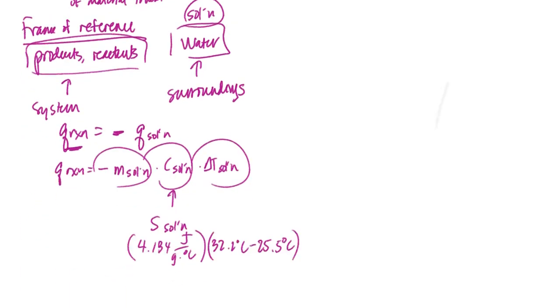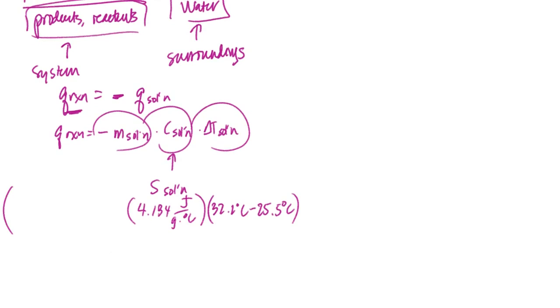So, to this product, I'm going to add 50.0 milliliters of the hydrochloric acid times 1.02 grams per milliliter. I'm going to also add to that 50.0 milliliters times 1.04 grams per milliliter, so that I can calculate the overall mass of solution.